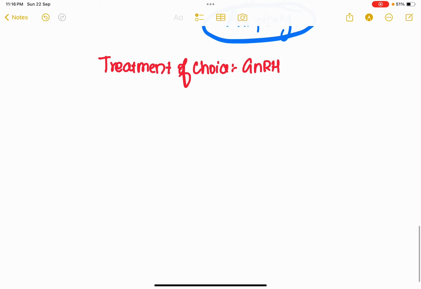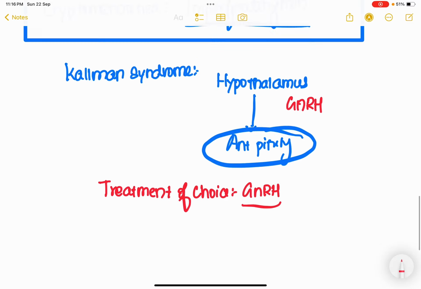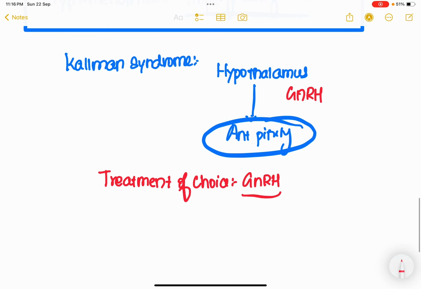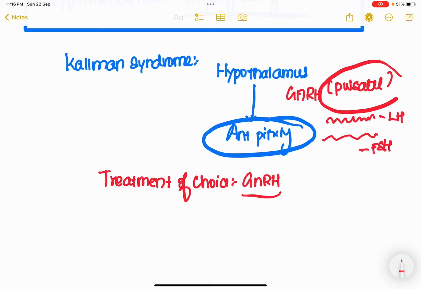So the treatment of choice is going to be gonadotropin releasing hormone. And how are you going to give this GnRH? It has to be given in a pulsatile manner. We all know that from the hypothalamus, the GnRH has to be released in a pulsatile manner, and depending upon the frequency, if it is very high or very low: if it is low, FSH is released; if it is high, LH will be released. So we have to give it in a pulsatile manner for the proper release of FSH and LH from the anterior pituitary.